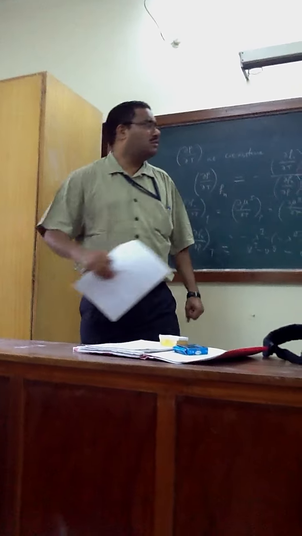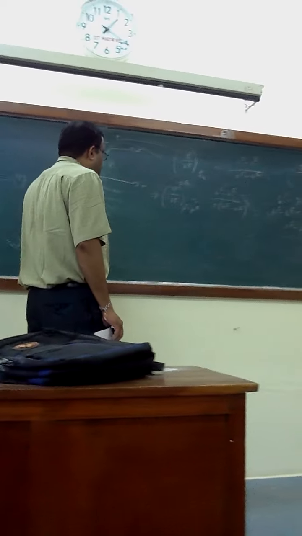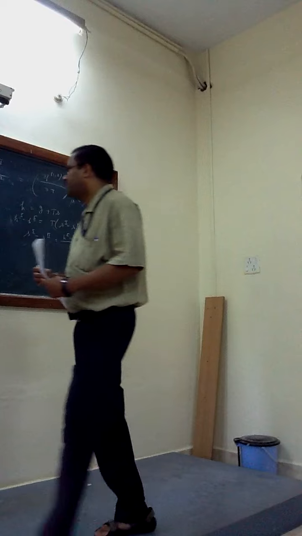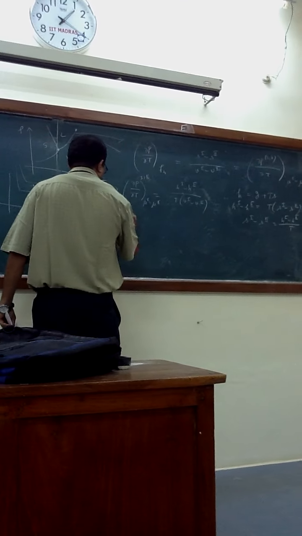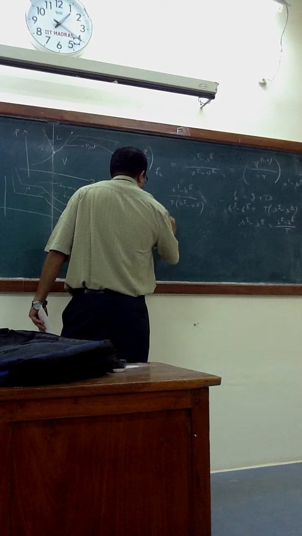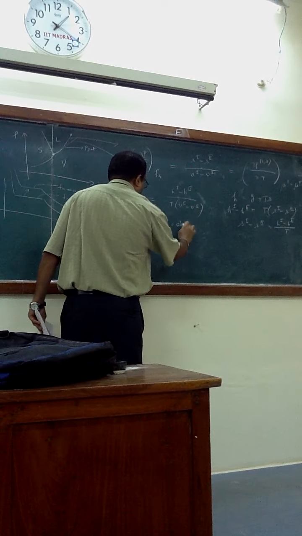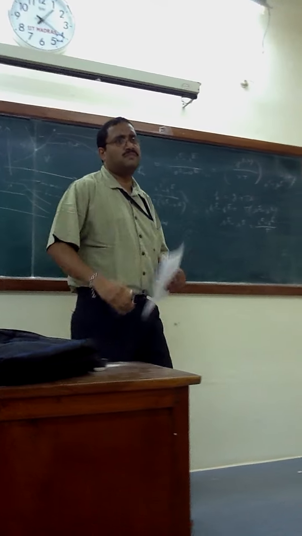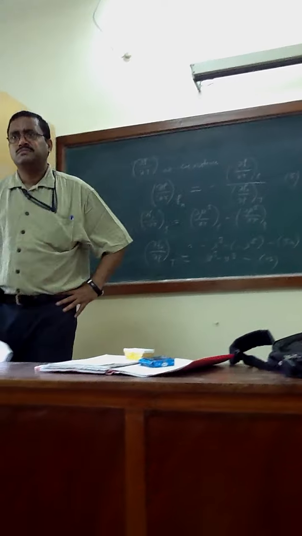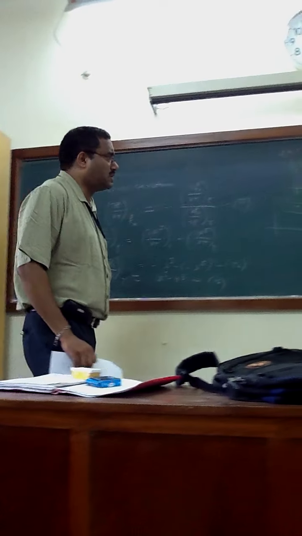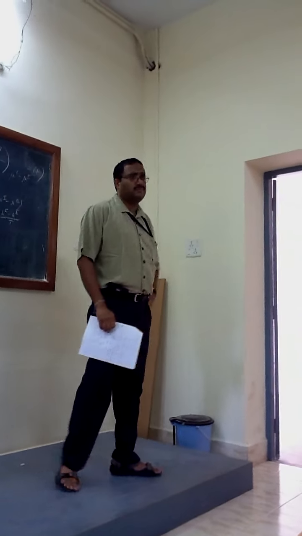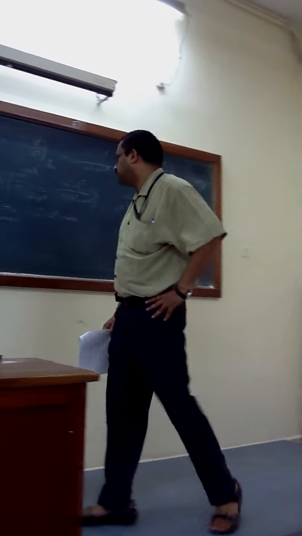H1 minus H2, for heat of vaporization for VLE, is delta HV. If 1 is liquid and 2 is vapor, then H1 minus H2 is delta HV, the heat of vaporization. Heat of vaporization is defined as the enthalpy of vapor minus the enthalpy of liquid at equilibrium.